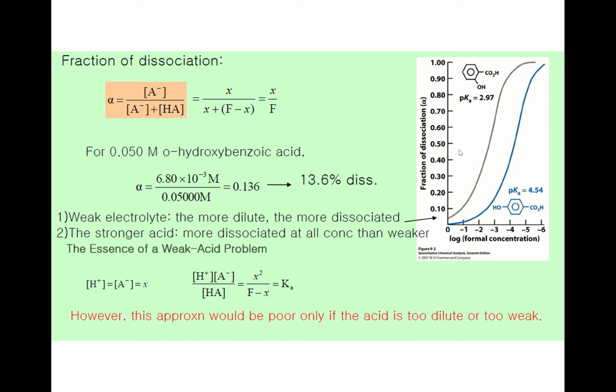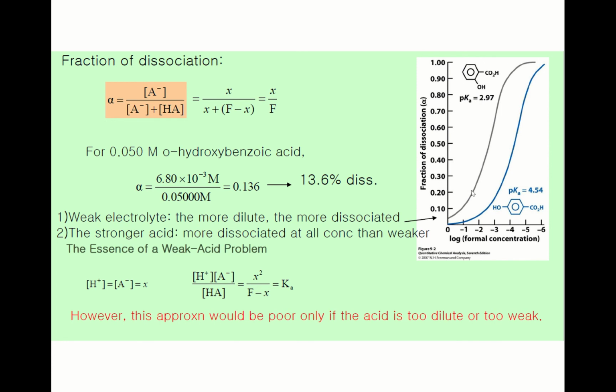Let's look at this figure. This figure shows the fraction of dissociation depending on the pKa value. This one, ortho hydroxy benzoic acid, is a little bit stronger than this one, para hydroxy benzoic acid. Then what about the change of dissociation? Consider first this ortho compound.